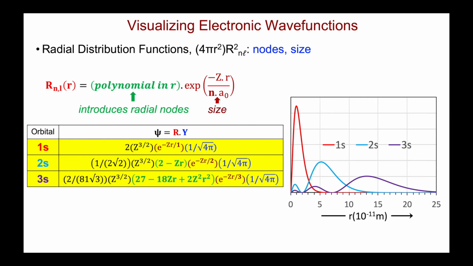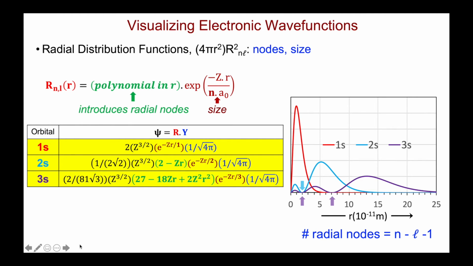For the 2s, this function is a first-degree polynomial, just varying with r. As a result, the 2s orbital has one radial node, shown here. For the 3s orbital, this polynomial is second degree. It introduces two radial nodes. And so for the 3s, we see the radial nodes here and here.